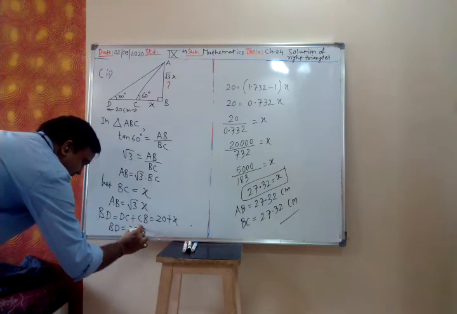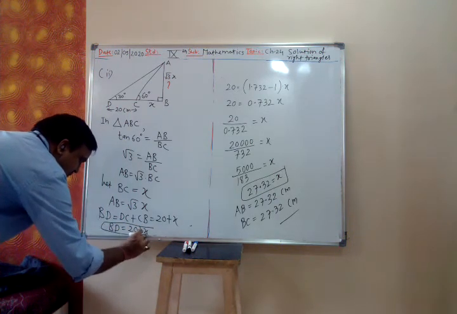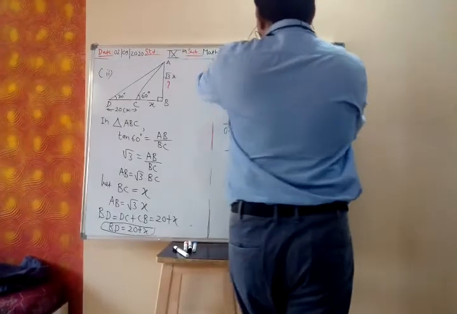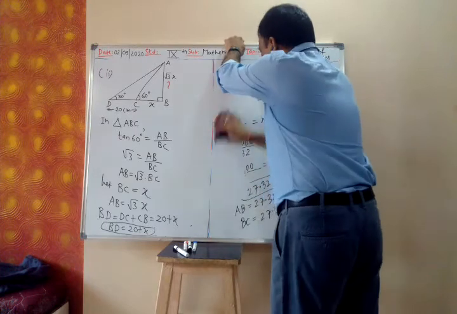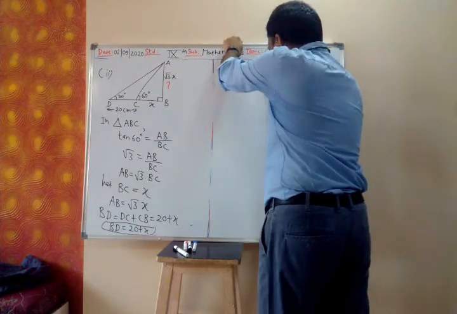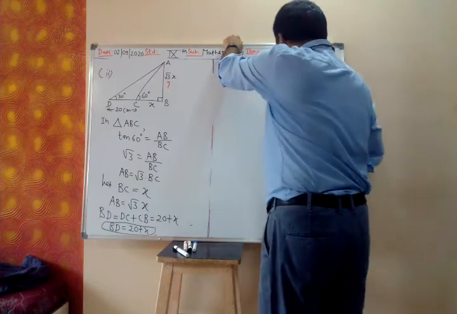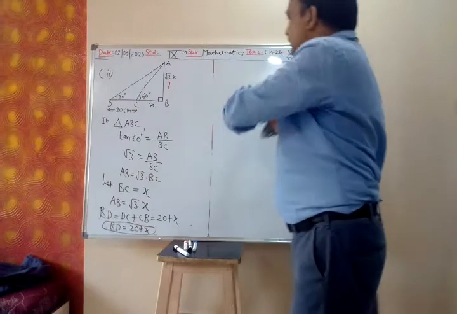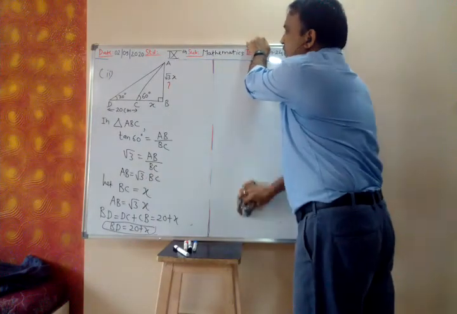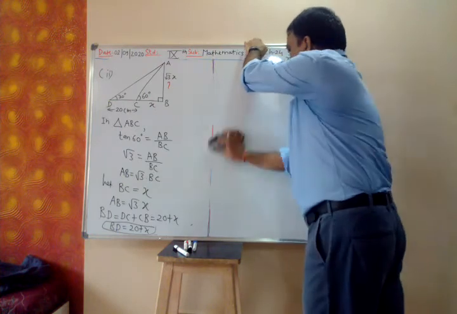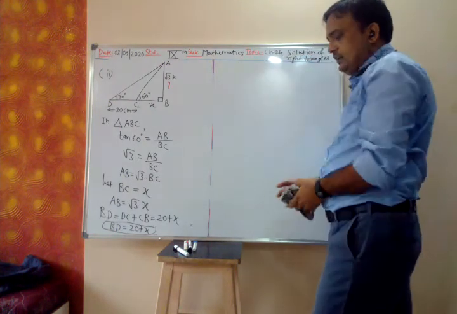Now for the bigger triangle, consider the trigonometric ratio. You have the opposite side and you have the adjacent side.